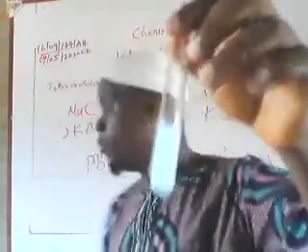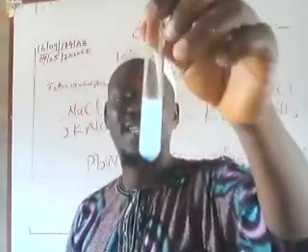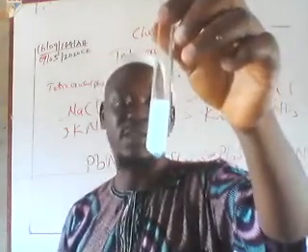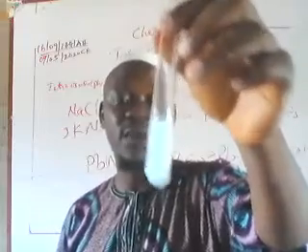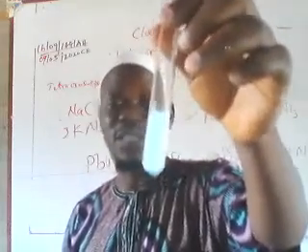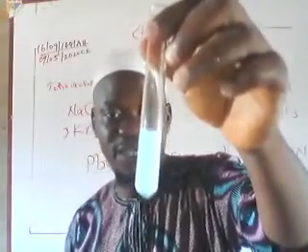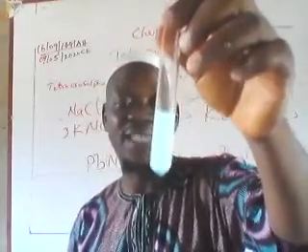Now, how do we confirm that this white precipitate is as a result of tetraoxosulfate 6? Because it is not only the tetraoxosulfate 6 ion that forms a white precipitate with barium chloride. Trioxosulfate 4 ion also forms a white precipitate, as well as trioxocarbonate 4 ions.